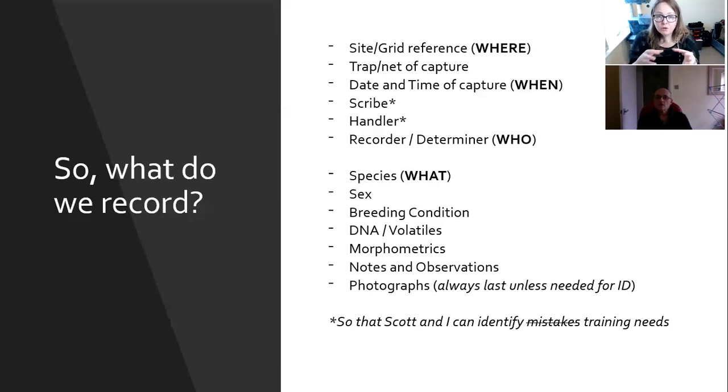As you go through your EpiCollect, whether you're doing bat boxes or whatever, and a lot of the time during multipass, we record who the scribe is as well, because I need to know if a mistake is made, who's made it, not so I can tell you off, but so that if you're getting something wrong because I haven't trained you properly, or because it's something that you don't know, then I can address that and it doesn't happen again.